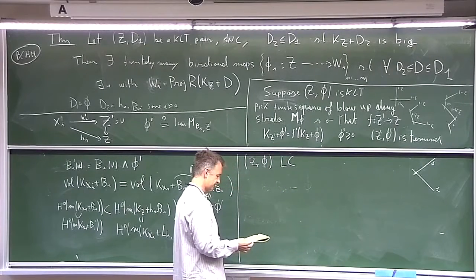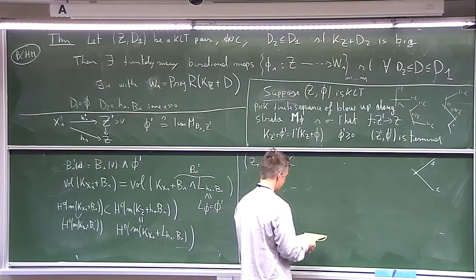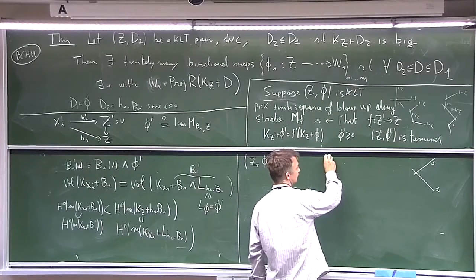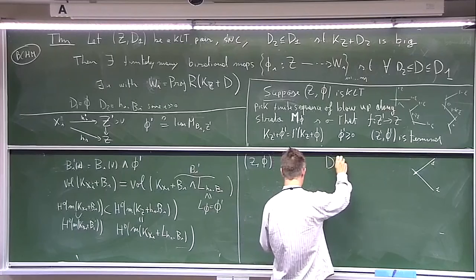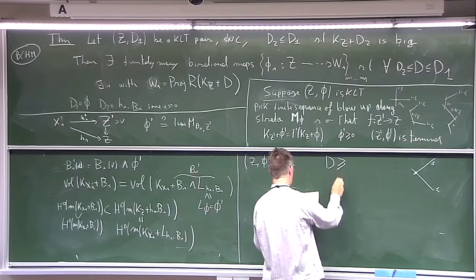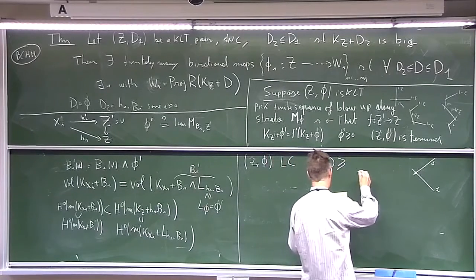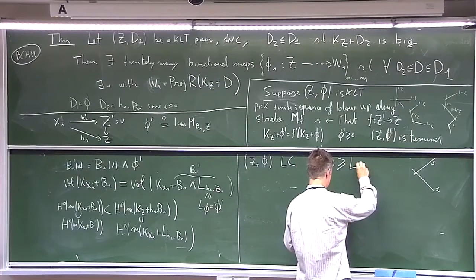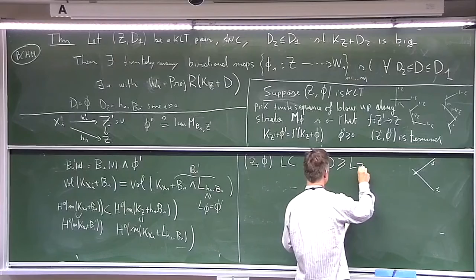And there's two possibilities. So suppose that this divisor D is greater or equal to L of (Z, phi).